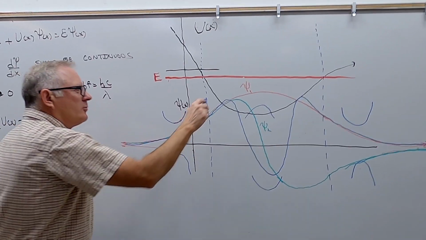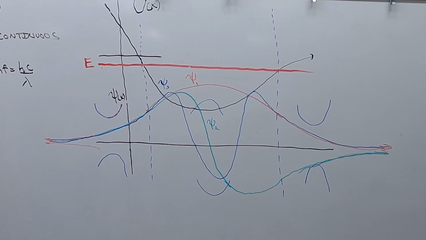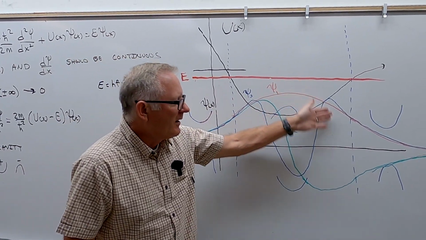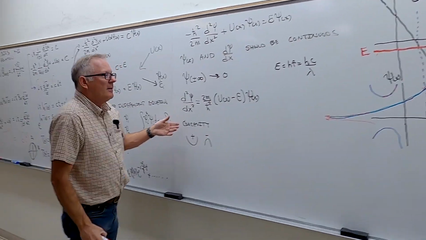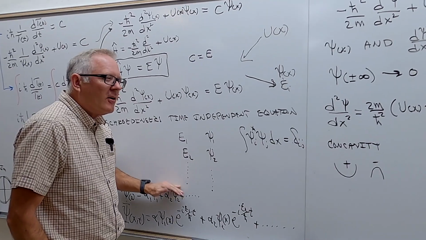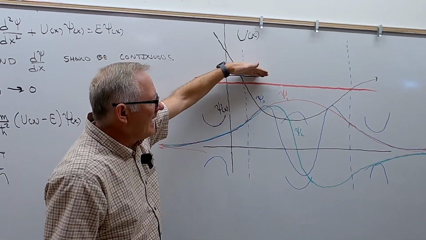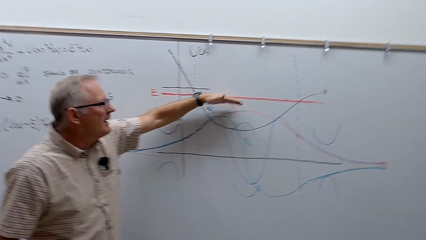So this one would be the third one, psi3. And you notice I can keep adding more and more wiggles in here. There's no limit to it. So I could have E1, E2, E3, but every time I add more, the energy is going up, because the red one had the lowest energy, and then the next and next.